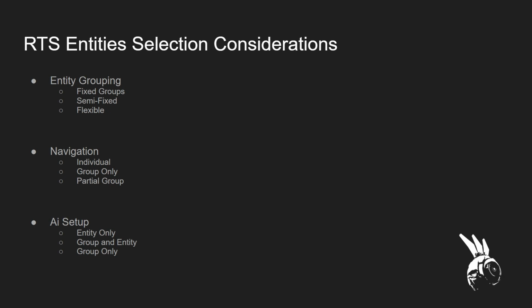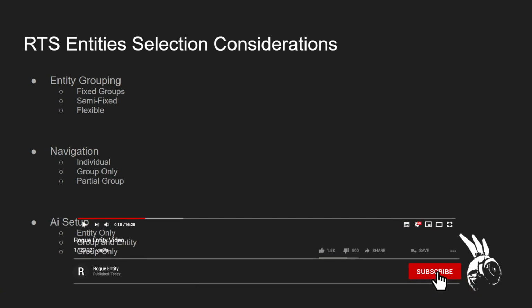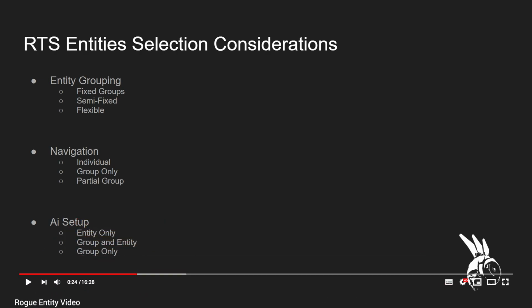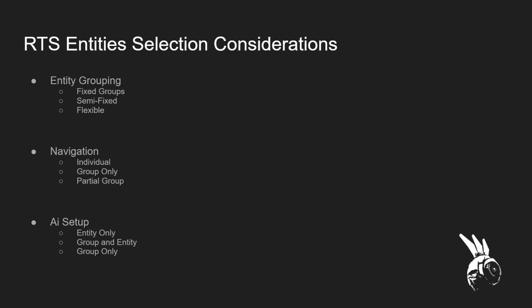This is where you can easily make members of a group communicate and know each other's information. So you'd still have the AI control on the entity, but there'll be some form of AI interaction with the group. And then the other one is group only. So this is where you maybe have multiple visual characters, but they all just act as a single group. So they might only have an AI in a group sense.